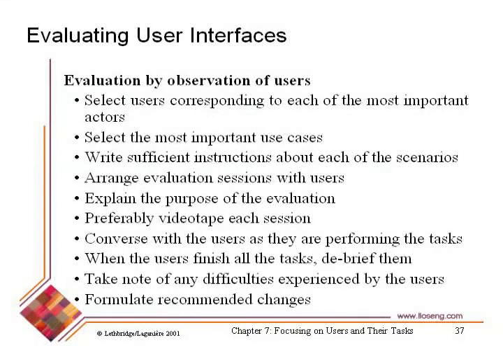You might have a goal of doing usability testing on the entire system, but at any given session, any given day, you have to have a focus. Otherwise, you're going to drift off and randomly go over different parts of the system. So whether you're doing heuristic evaluation or observational evaluation, you've got to, at any given point in time, focus on a subsystem or a part that will be today's focus.